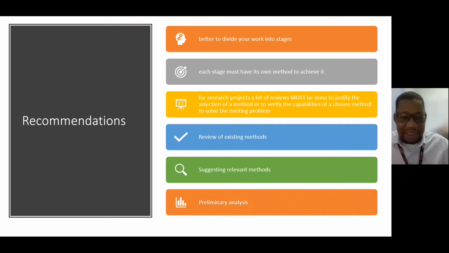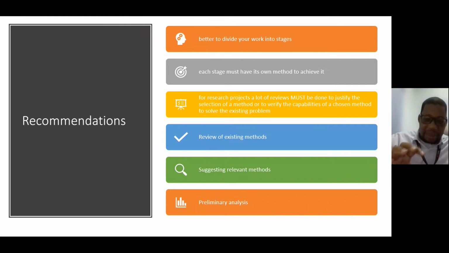Because you don't want to do an experiment which you don't know whether it can solve your problem or not. You must have an idea that this kind of experiment is possible to solve my problem. It means that you have to review existing methods, but you don't take all the methods.